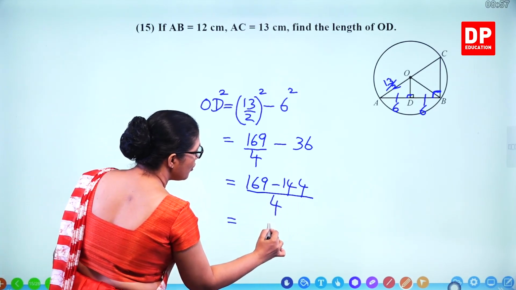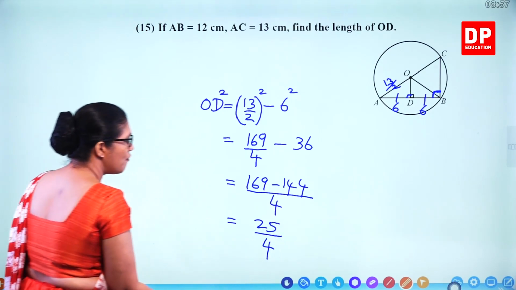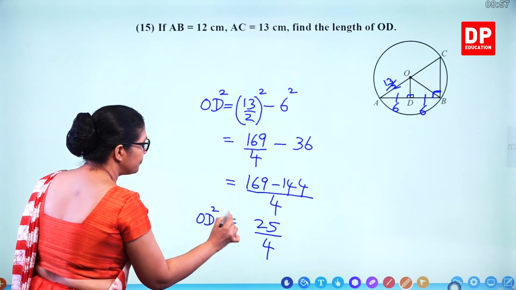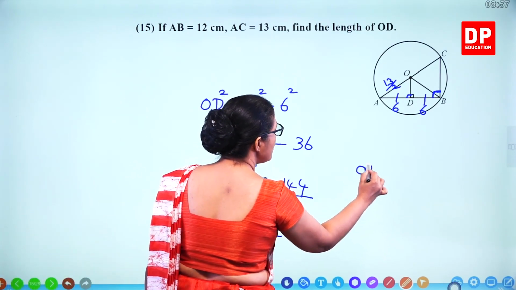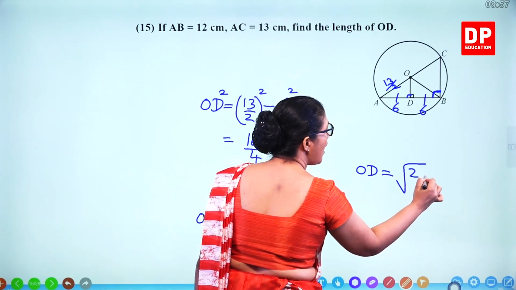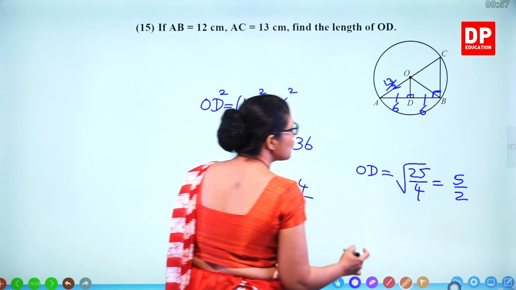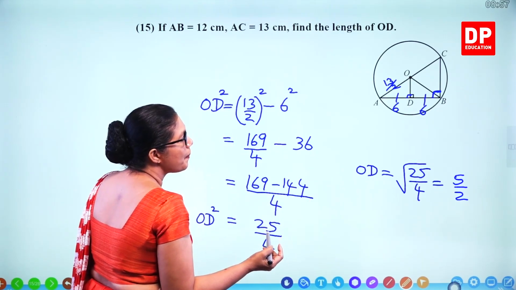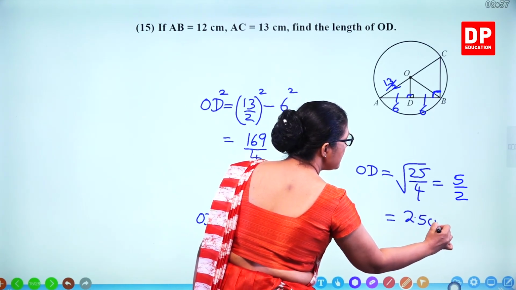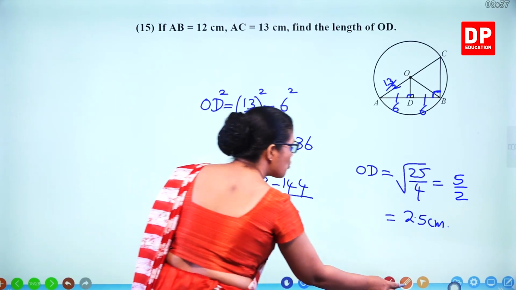Subtract these two. You get 25 over 4. Now you have to take the square root. When you take the square root, OD becomes square root of 25 over 4. That's 5 over 2. So 5 over 2 means 2.5. So 2.5 centimeters is the OD length. 5 over 2. So 2 marks for that.